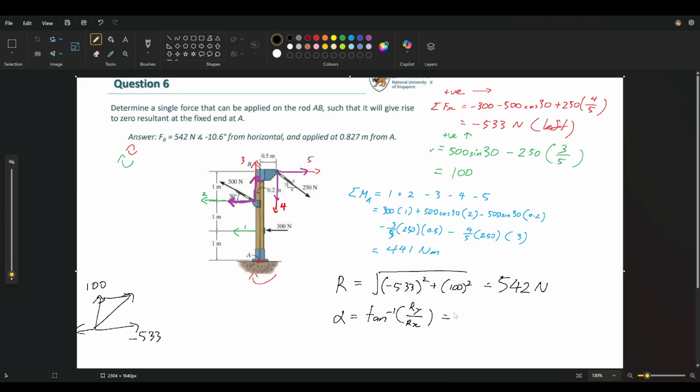You have to put in the negative as well. You get negative 10.6. So what does that mean? That basically means that if this is my x-axis, my resultant force is downwards. So this is 10.6.